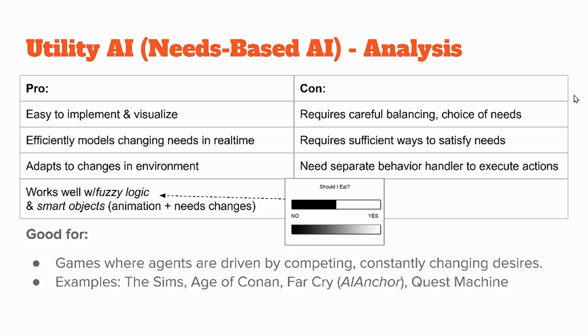And as an agent's need, for instance a need to tinker, gets high, then it chooses a smart object like the pickup truck and goes to it and does whatever animation is there. And Quest Machine is another one where it uses utility AI and smart objects.